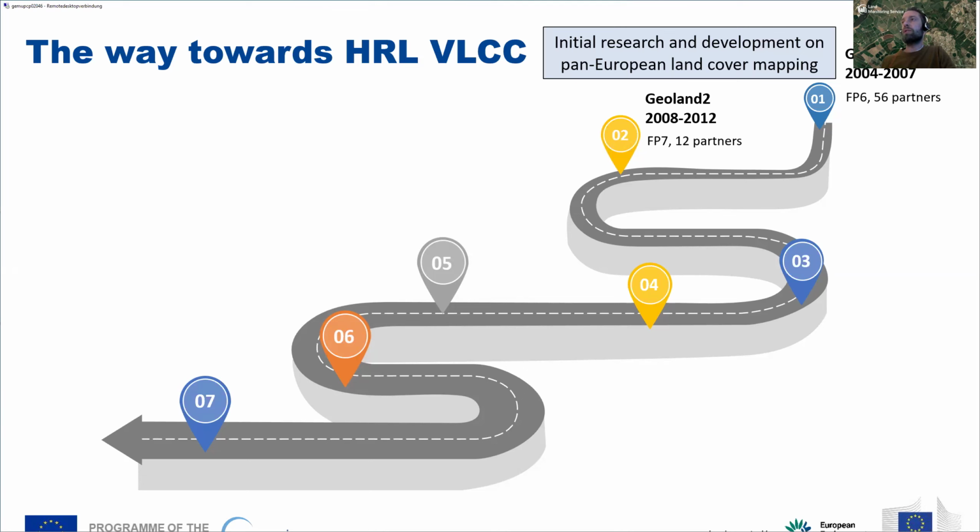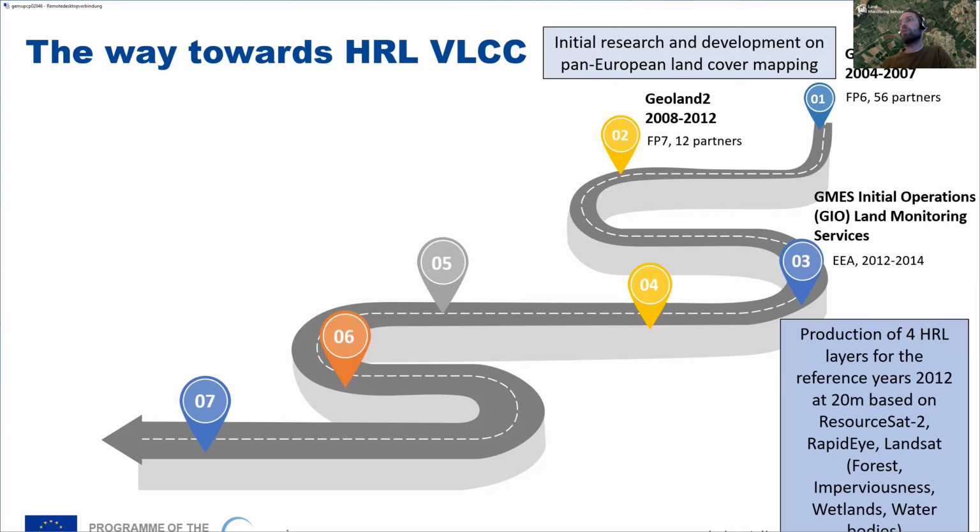And in 2012, then the torch was picked up by EEA to start what was called GMES initial operations. So Copernicus was still called GMES at that time. And this was really the start of the Pan-European Land Monitoring Service and the production of the first high-resolution layers for the reference year 2012.